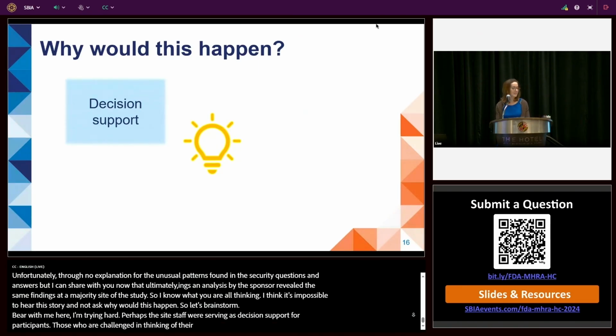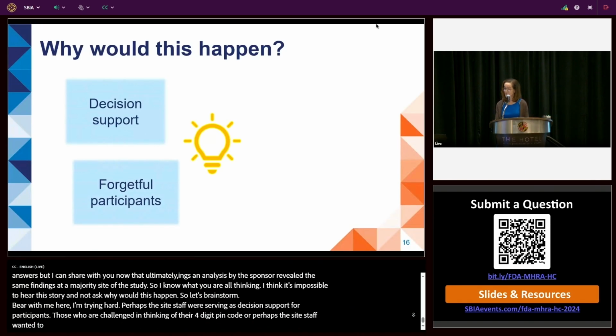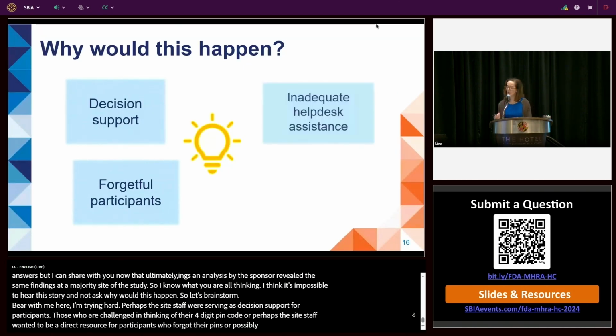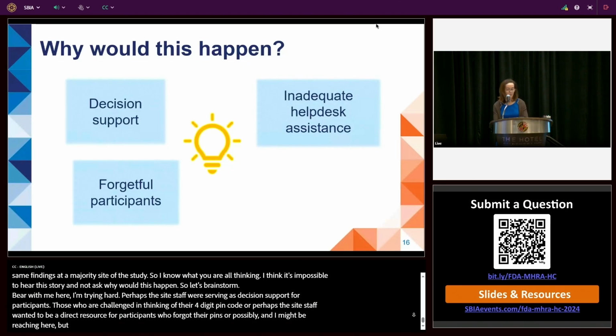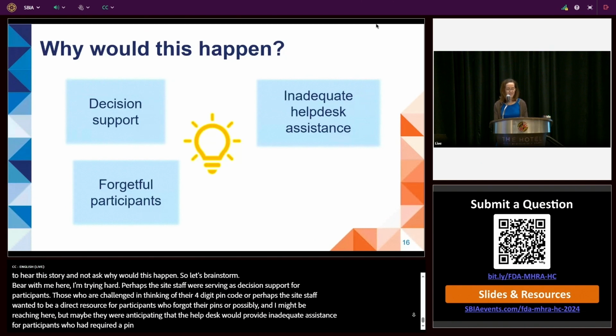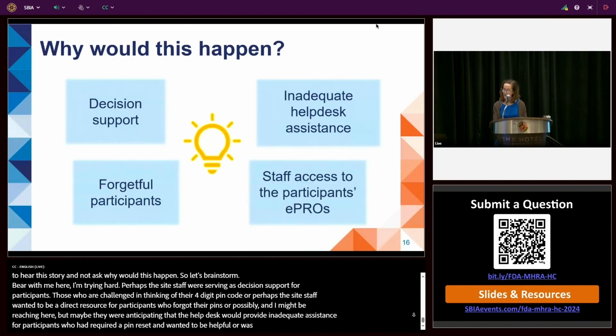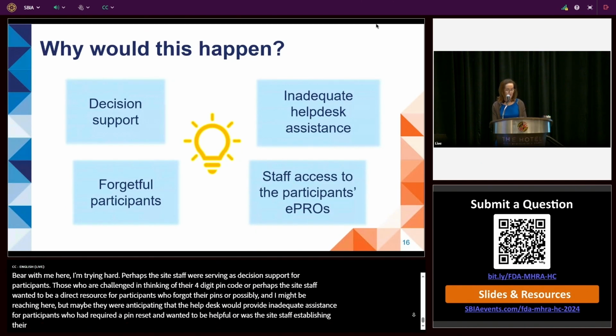Or perhaps the site staff wanted to be a direct resource for participants who forgot their PINs. Or possibly, I might be reaching here, maybe they were anticipating that the help desk would provide inadequate assistance for participants who required a PIN reset, and they just wanted to be helpful. Or was the site staff establishing their own access to the participants' ePROs?